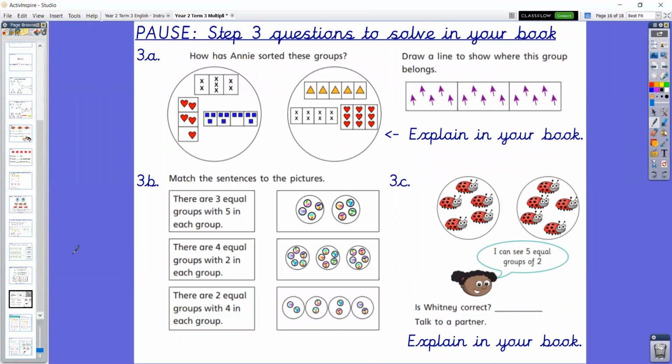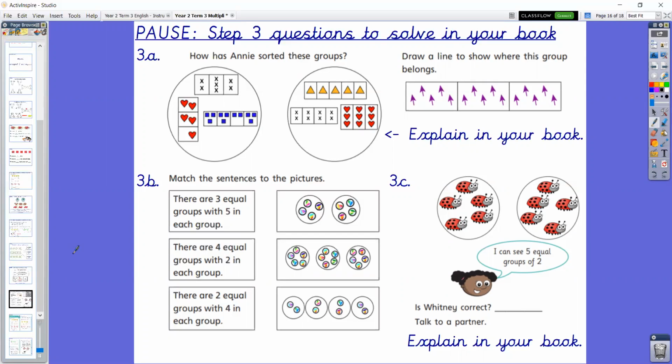Next, we're going to be moving on to step 3 questions. So in a moment, I'm going to ask you to pause the video here. On 3A, there are 2 parts. The first part of the question says, how has Annie sorted these groups? In your book, please explain how Annie has sorted these groups. You might choose to say in the first group, Annie had, and then describe the second group in more detail.